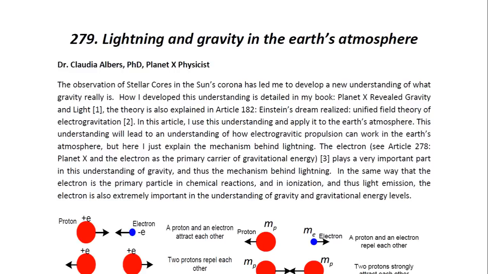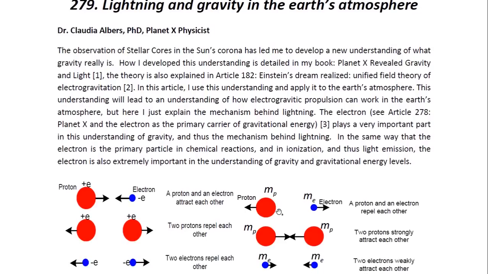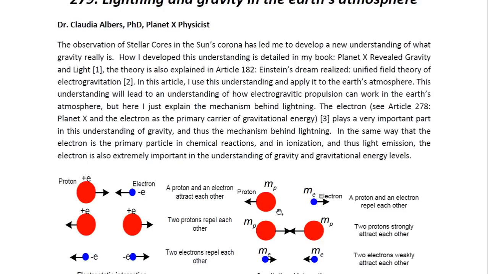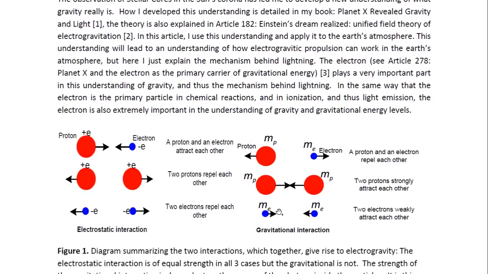In the same way that the electron is the primary particle in chemical reactions and in ionization and thus light emission, the electron is also extremely important in the understanding of gravity and gravitational energy levels.